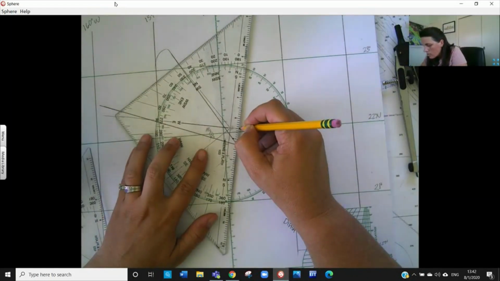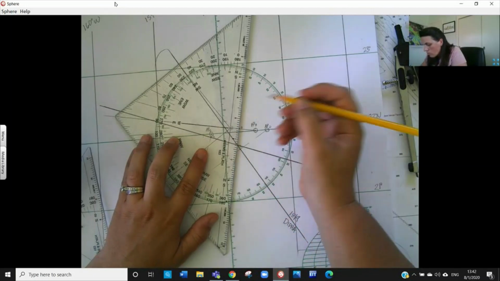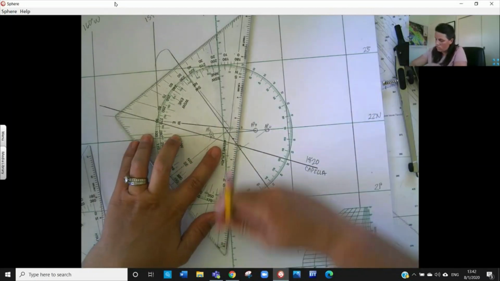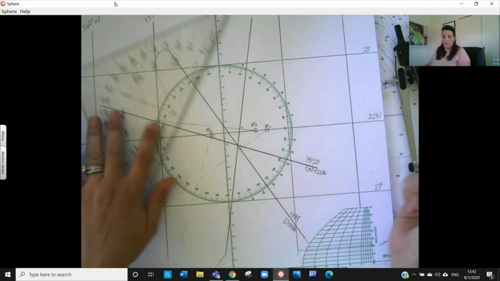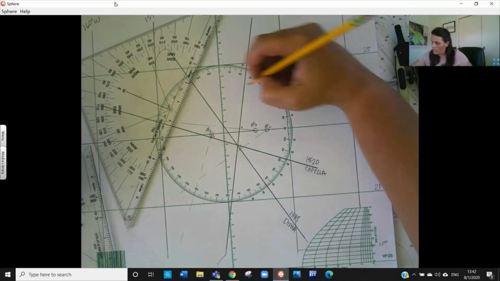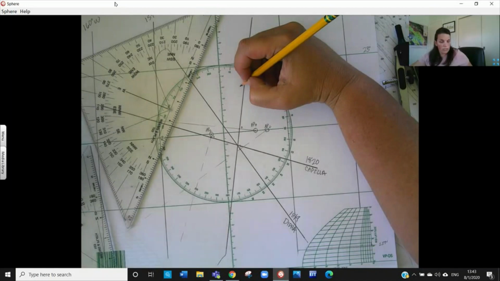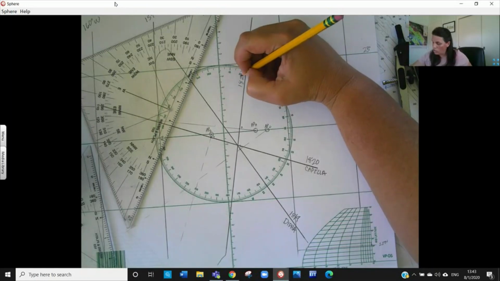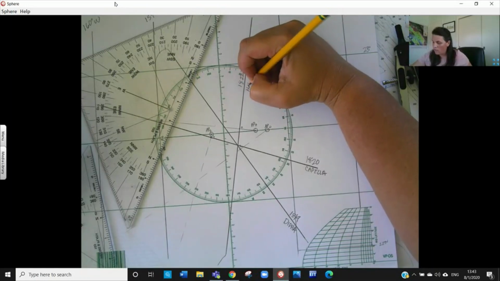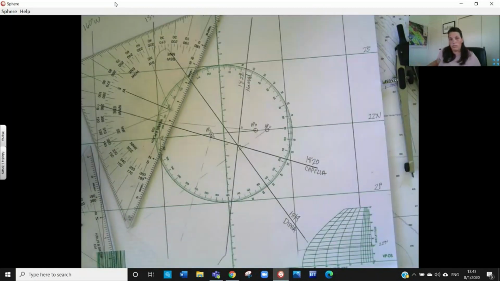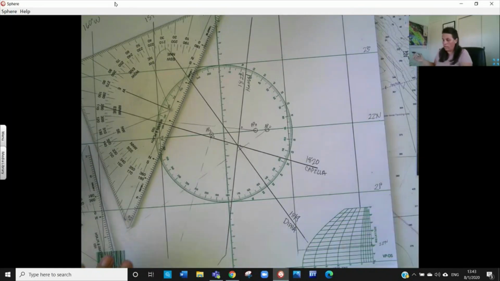This is looking like it will cross very close. That is great. This is my, what time do we have? My 1822, and this is Hamal. So we have an 1822 line, and now our last one is Mirfak.